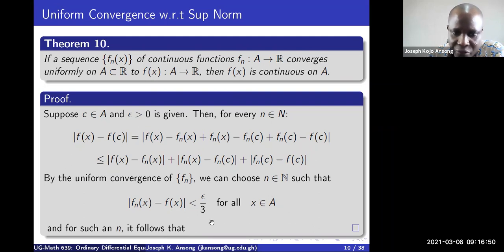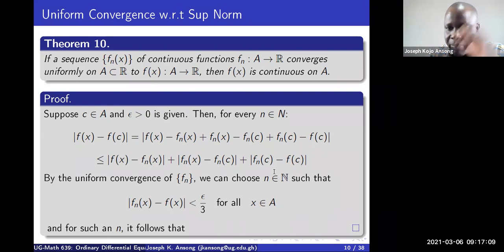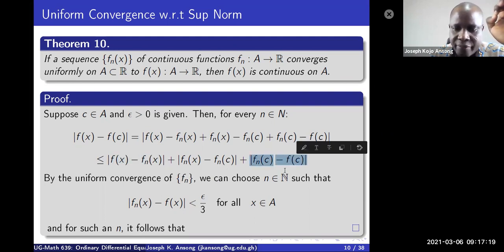And for such an n, for which this holds, it follows that, don't forget, the absolute value here is the same as this, because of the absolute value the order is immaterial. Also, this holds for this as well. Note that this is just a particular case of this: here we are saying that x is c, whereas here it is more general. So both this expression as well as this one will be bounded by that. We bound this and this by this, so you put in epsilon over 3 here and epsilon over 3 here.